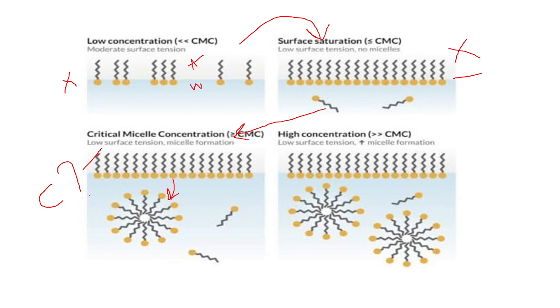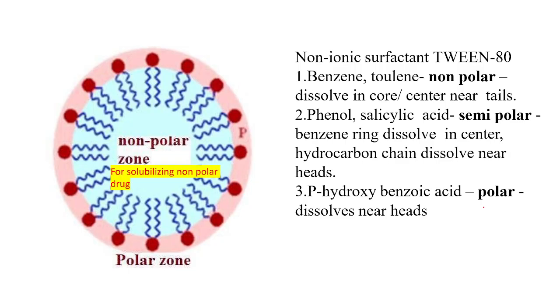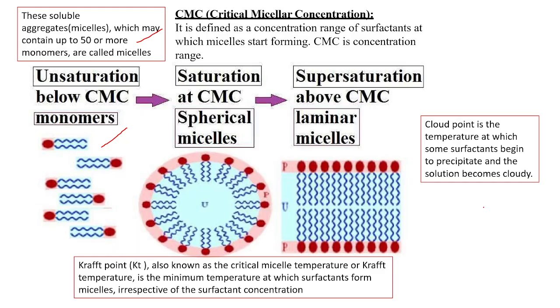They have asked this in the GPAT. If you increase the concentration beyond the CMC, the number of spherical micelles will increase. That is the critical micellar concentration.